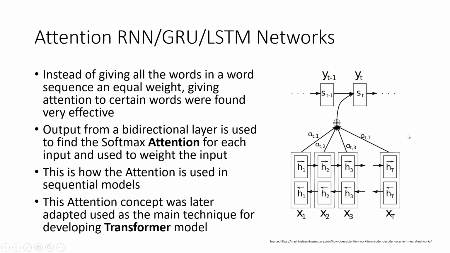Intuitively, we can think like this, right? When we are reading a book or something, we are not keeping all the words in the book in our brain. We are only taking some of the words or some of the concepts into our brain by giving attention only to these words, right?